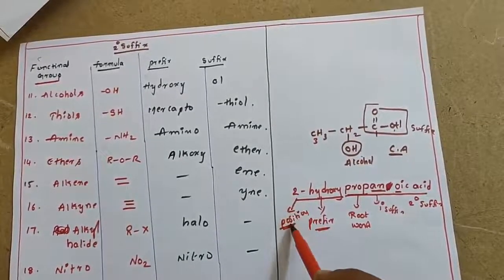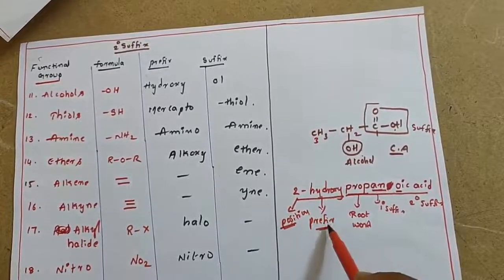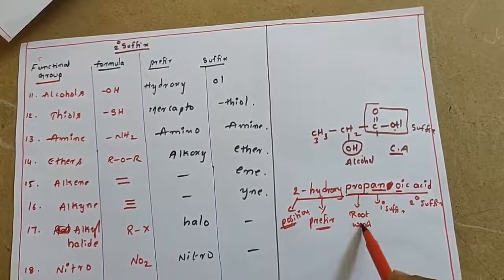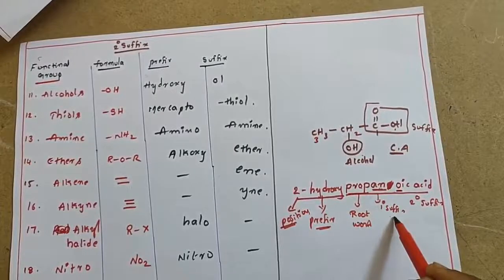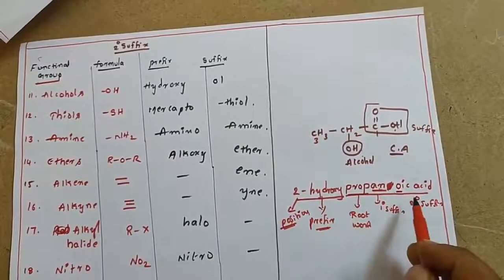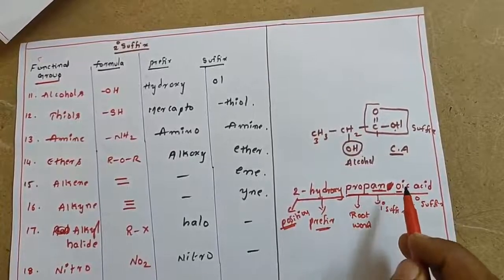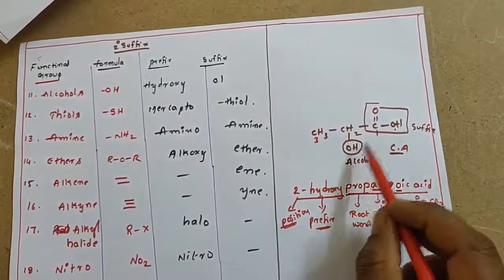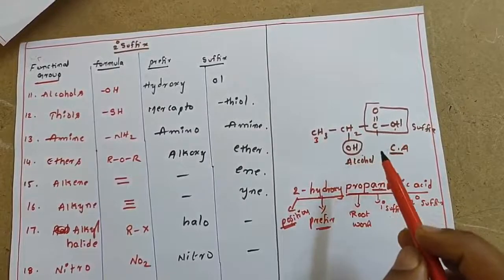Now 2 is the position of the prefix, hydroxy is the prefix, prop is nothing but the root word, "an" is nothing but the primary suffix, and oic acid is the secondary suffix. This is the nomenclature of any organic compound containing two different functional groups.